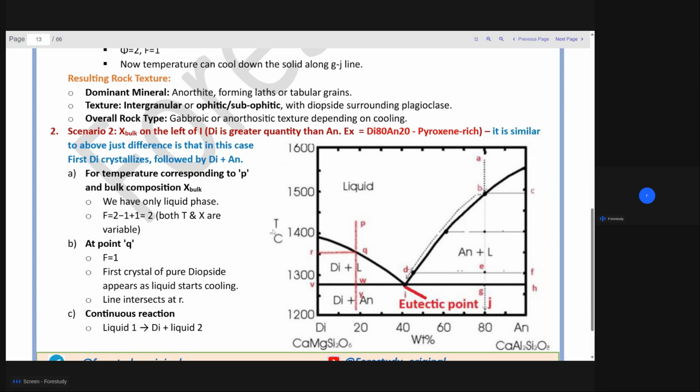This is a T-X curve, not a P-T curve, remember. We are keeping our pressure constant, so this is an isobaric diagram. Because of that, we get plus 1 and not plus 2, which was there in our P-T diagram for water, having only one component, H2O.